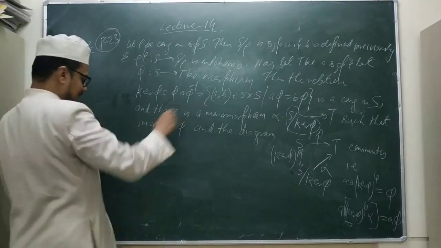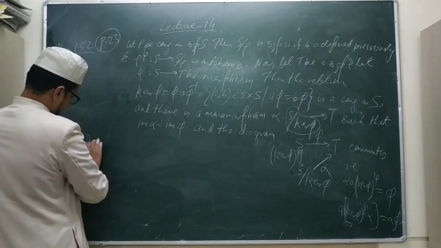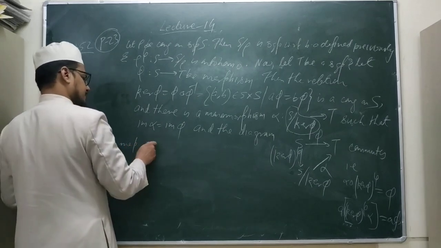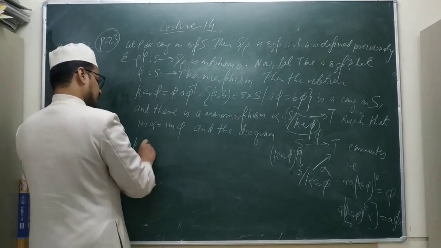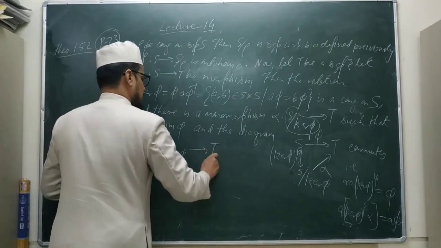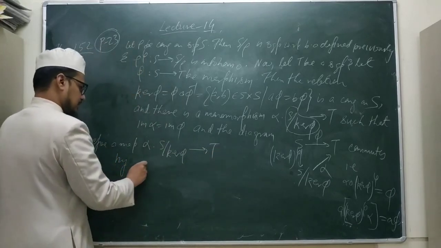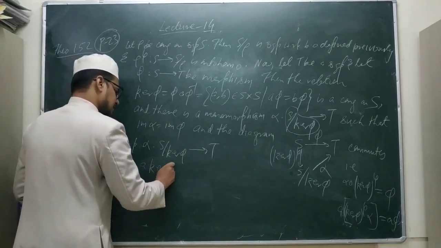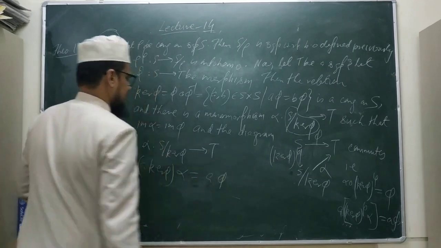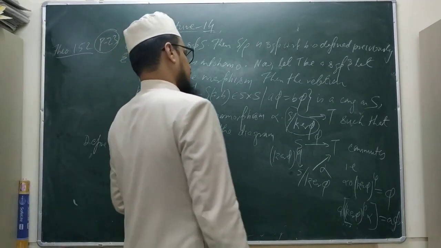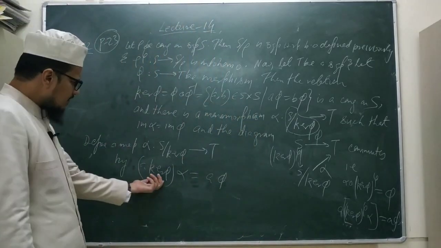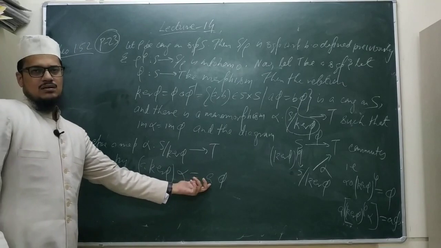We define a map α from S by kernel φ to T, by (A kernel φ)α is equal to Aφ. Correct. We define a map like this.